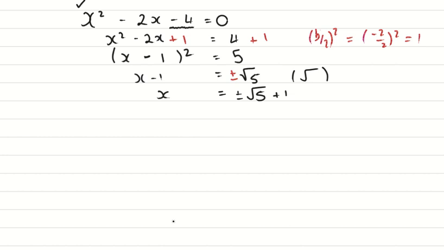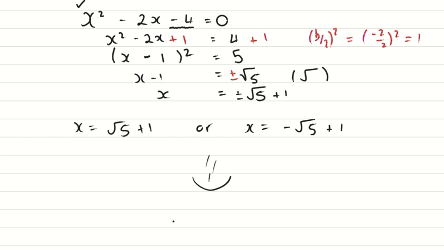Just to emphasize, the two solutions we have here, the one is when we use the positive root, and the other solution is when we use the negative root. So if you want to go ahead and write both of it, you can say that x is equal to root 5 plus 1, or x is equal to negative root 5 plus 1, and that is the end of the start.